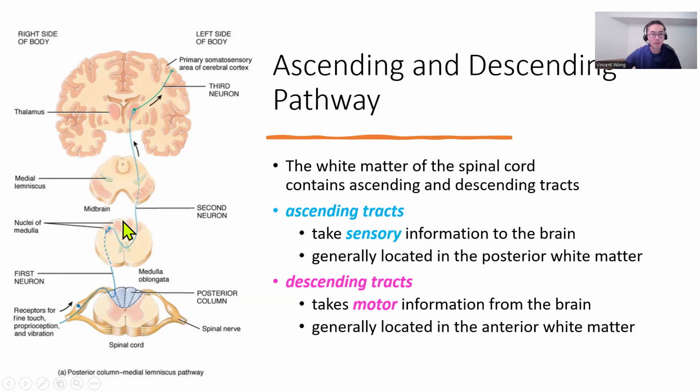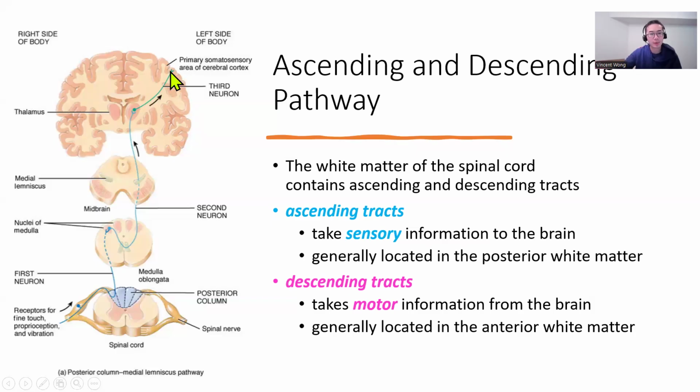It's going to go through a few other structures. Part of the brainstem, you might remember learning it in the respiratory system, is the medulla oblongata. That is where it will cross the middle and continue upwards to the other side.